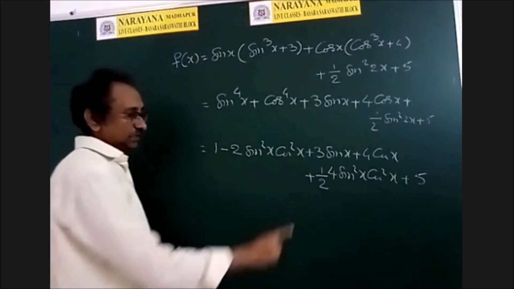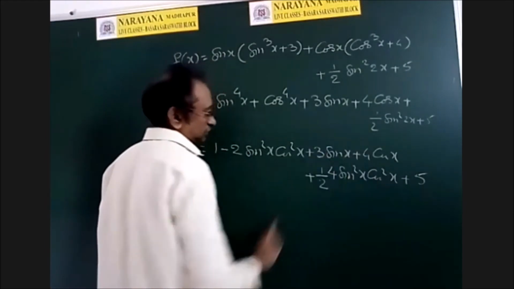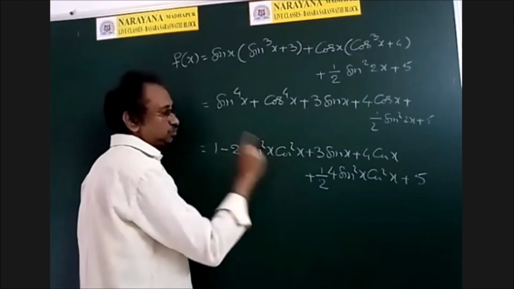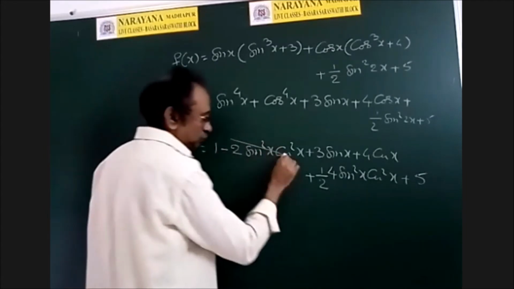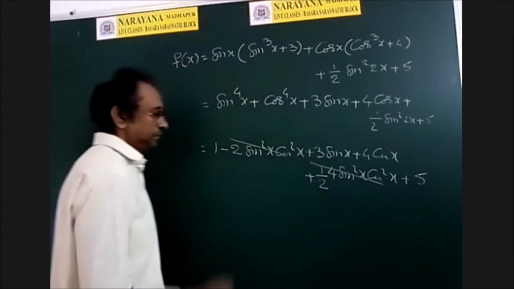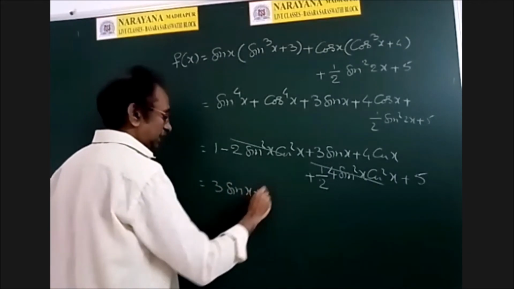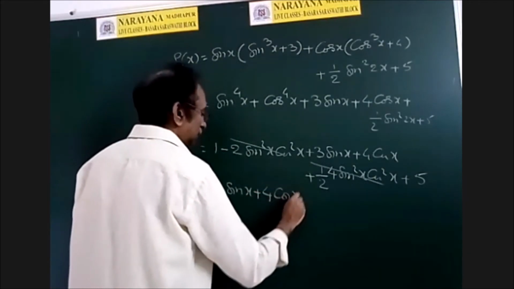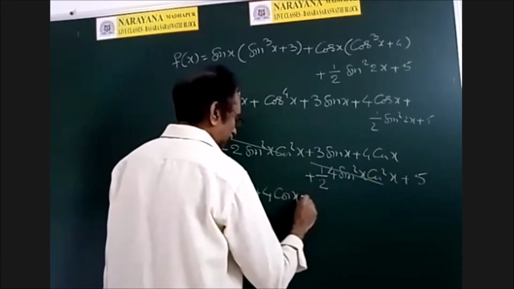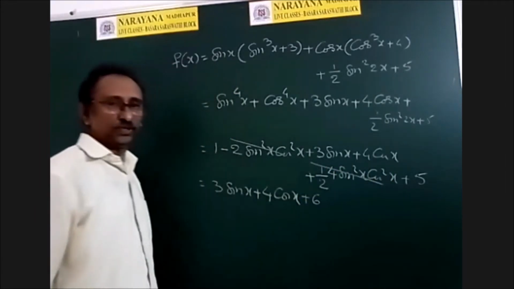Then see, this is minus 2 sin square x cos square x and this is plus 2 sin square x cos square x, so both are cancelled. What you are left with is 3 sin x plus 4 cos x plus 1 plus 5, that is 6. So we know this function.